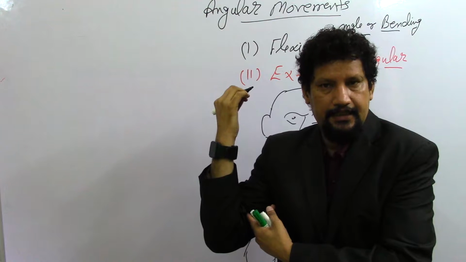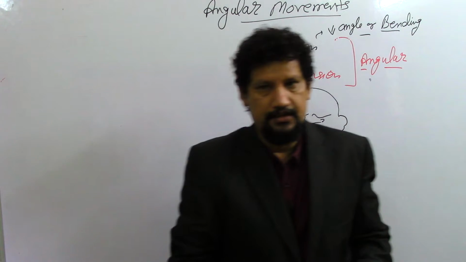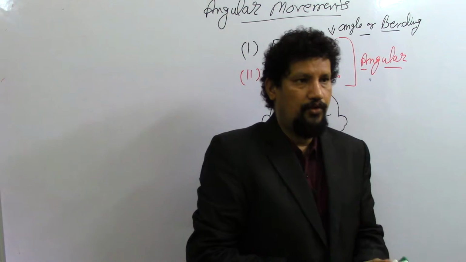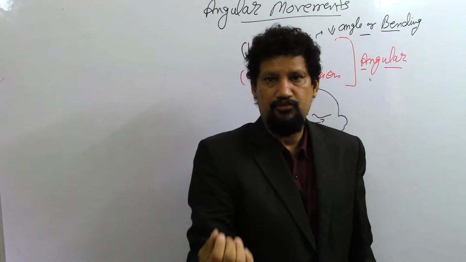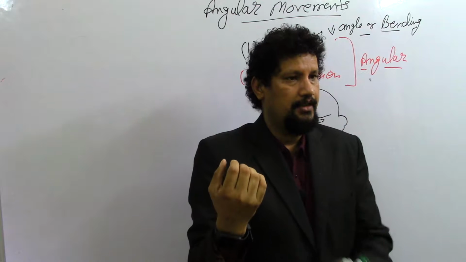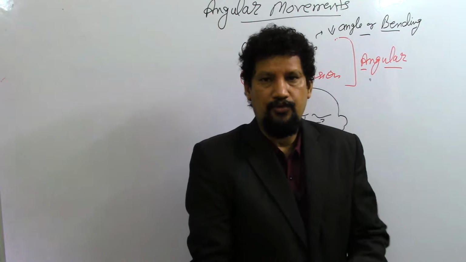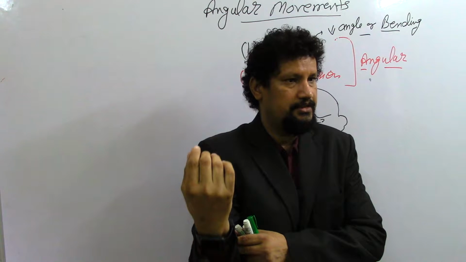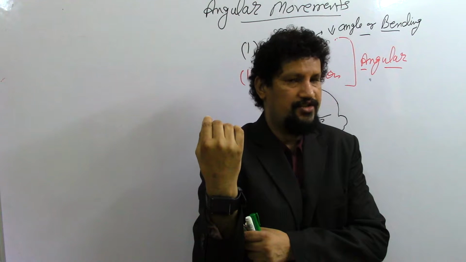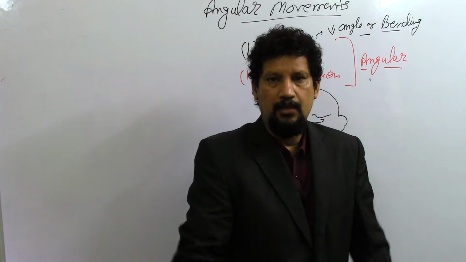So I can say all forward movements are basically flexor movements, like bringing the forearm forward. It will decrease the angle of the elbow, so this is known as the flexion of the elbow.